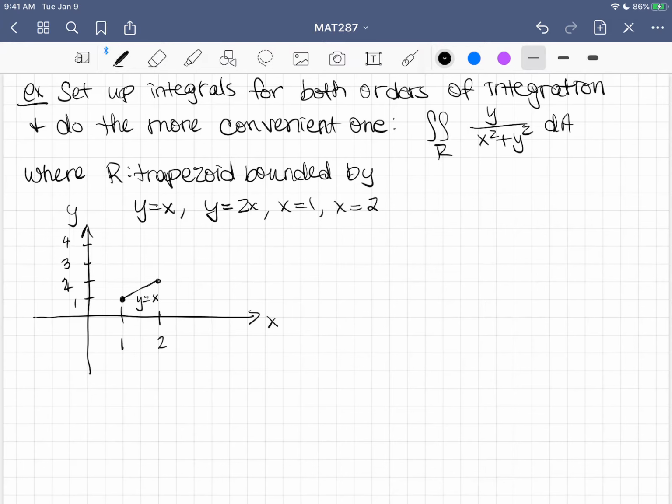And y equals 2x is going to be (1, 2) and (2, 4). And there's x equals 1 and x equals 2. So here's my region of integration.